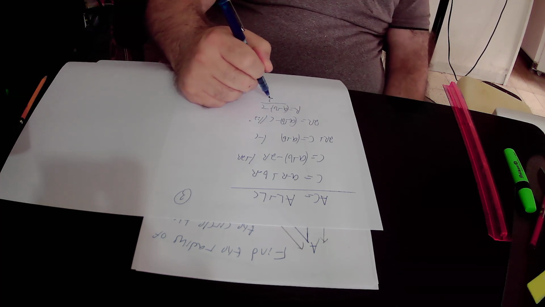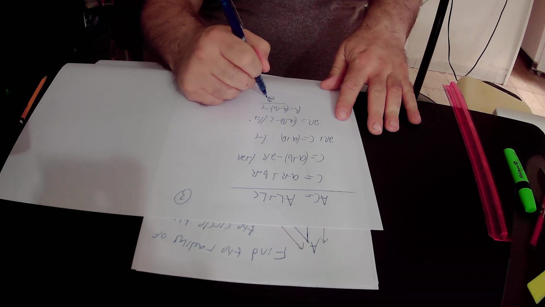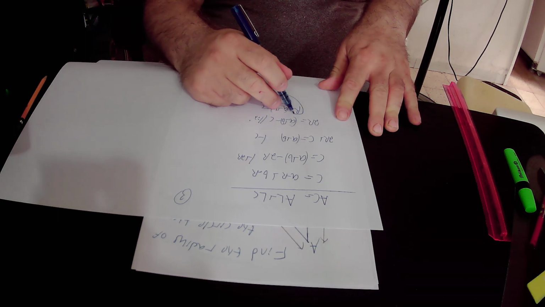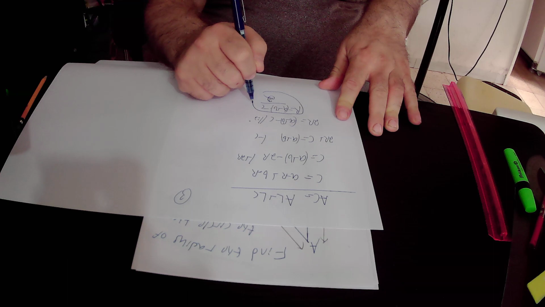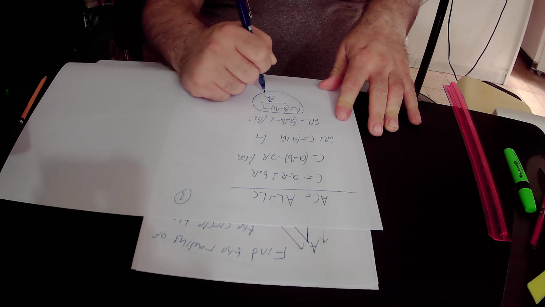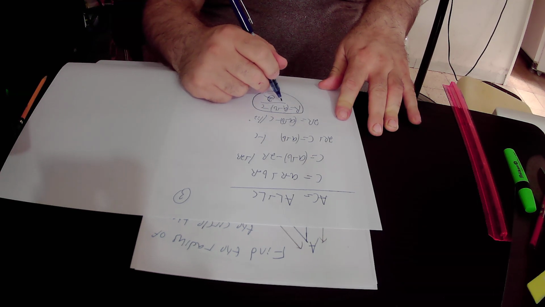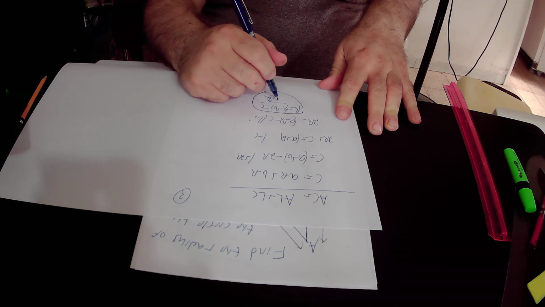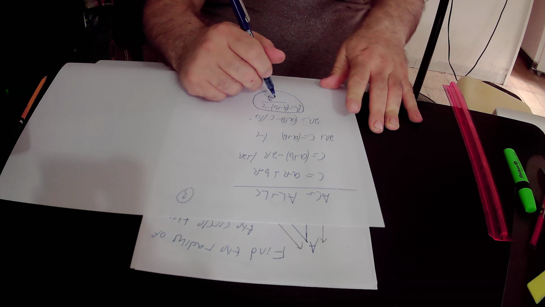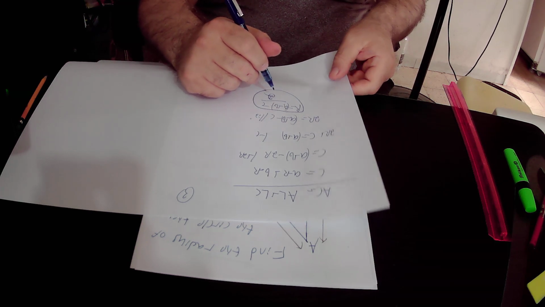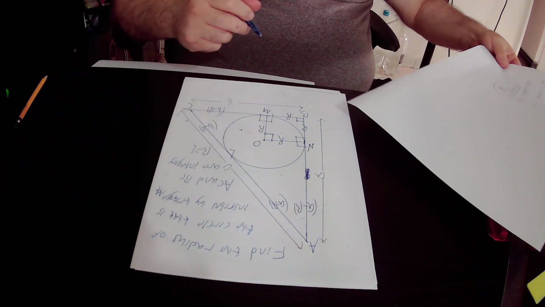So actually we found a general formula, by using which we can find out the radius of any circle that is described by a right triangle.